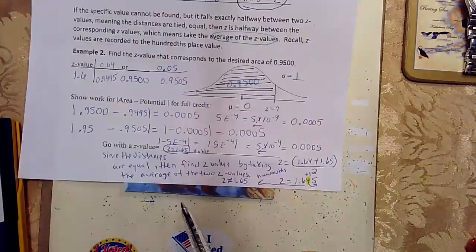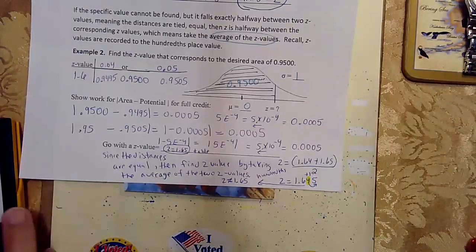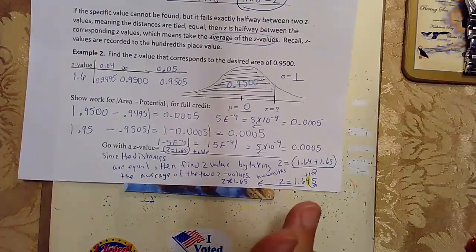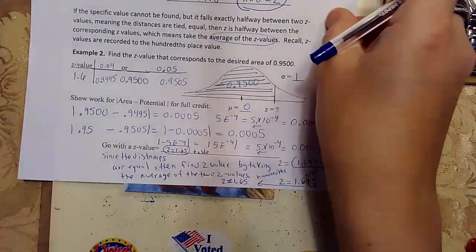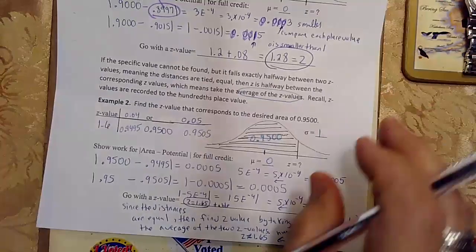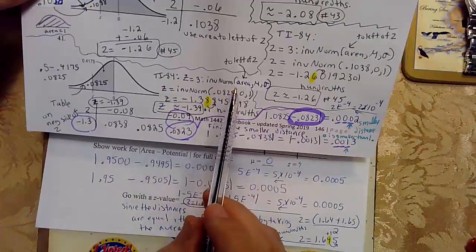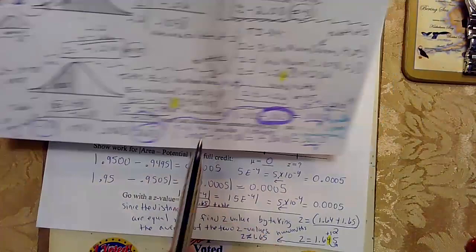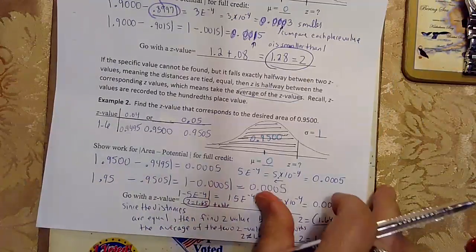Now, when I check it on the calculator the way we did this, remember the inverse norm, and we do our area. So let me show you that, because that one's where it differs a little bit.